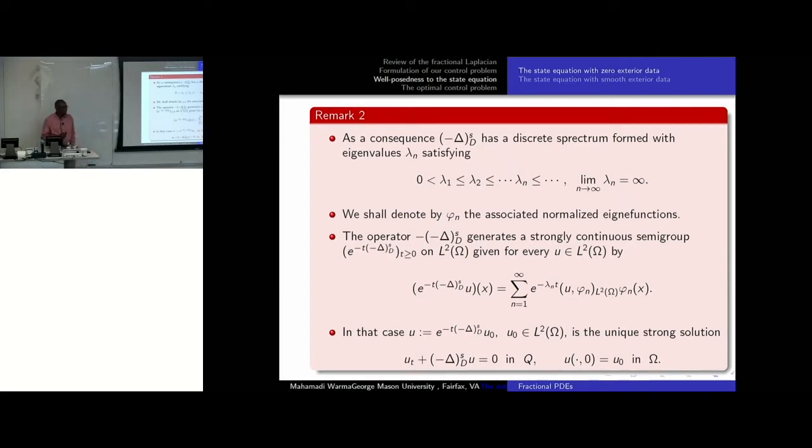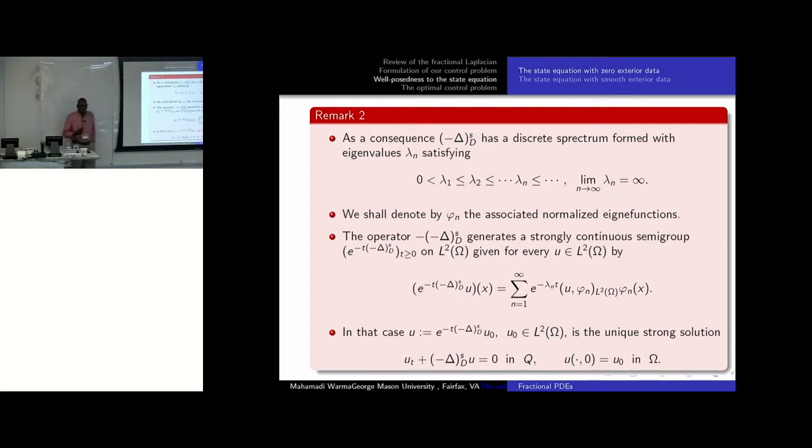This means that the operator has a compact resolvent. If we denote by phi n the normalized eigenfunctions, one can also prove that the operator minus delta S D generates a strongly continuous semigroup on L2.